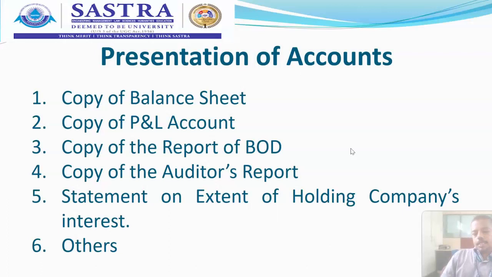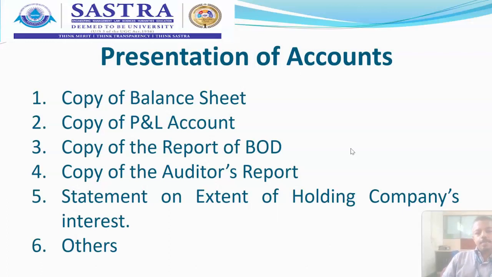Here, as per Indian Accounting Standard 21, it advises the holding company how to consolidate its financial statements along with the financial statements of the subsidiary company. Accounting Standard 21 came into effect in respect of accounting periods commencing on or after 1st April 2002. You all know what the accounting period is.